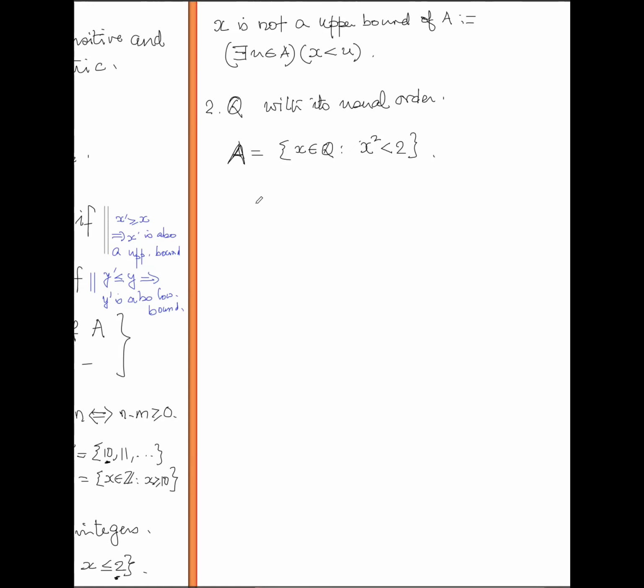Okay, so can you give me the set of all upper bounds, and the set of all lower bounds?